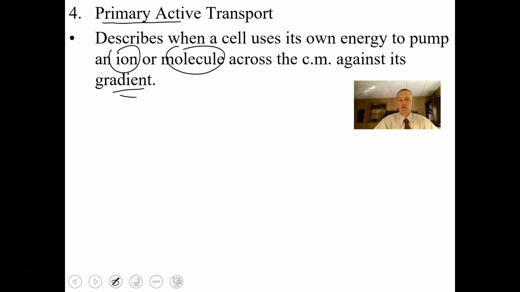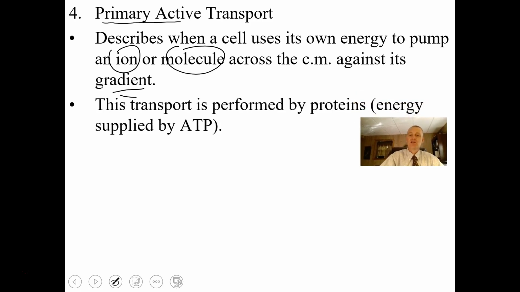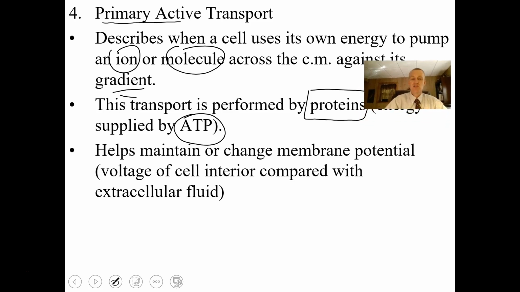So it literally moves things from an area of low concentration to an area of high concentration, and in order to do that, you have to use energy. This energy is provided in the form of ATP, and this mechanism is done by proteins that are in the membranes of your cells.